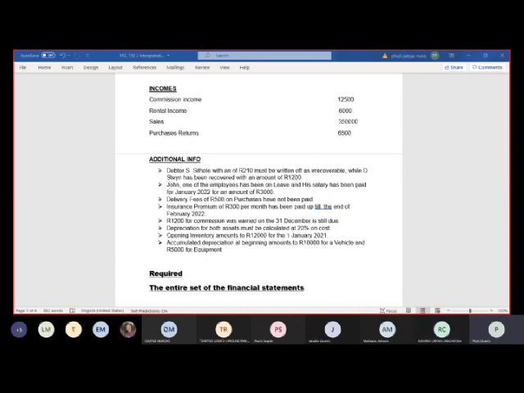What else do we have that is missing? We are now doing the financial position. We have that amount for insurance, the 600 which was paid in advance, which goes under trade receivables. The insurance premium of 300 which was paid to the end of February 2022.